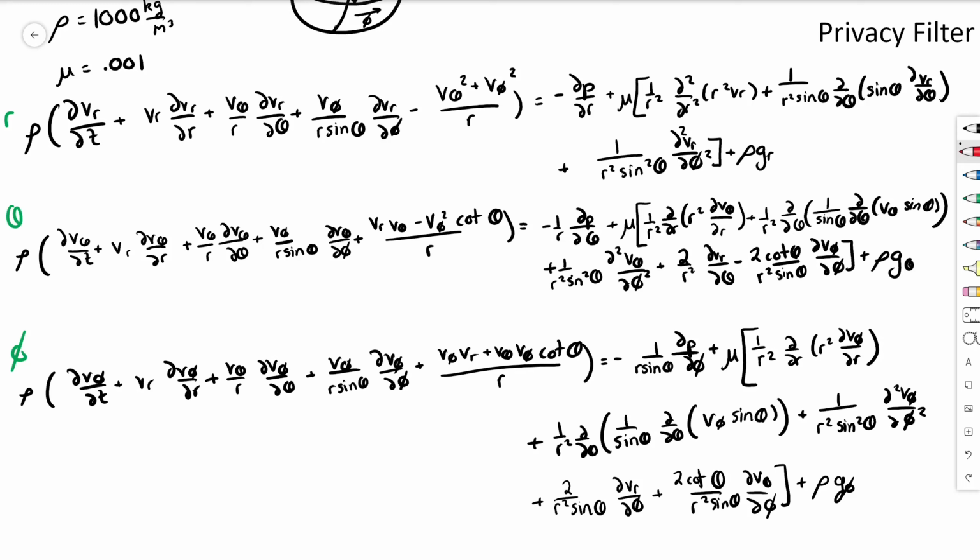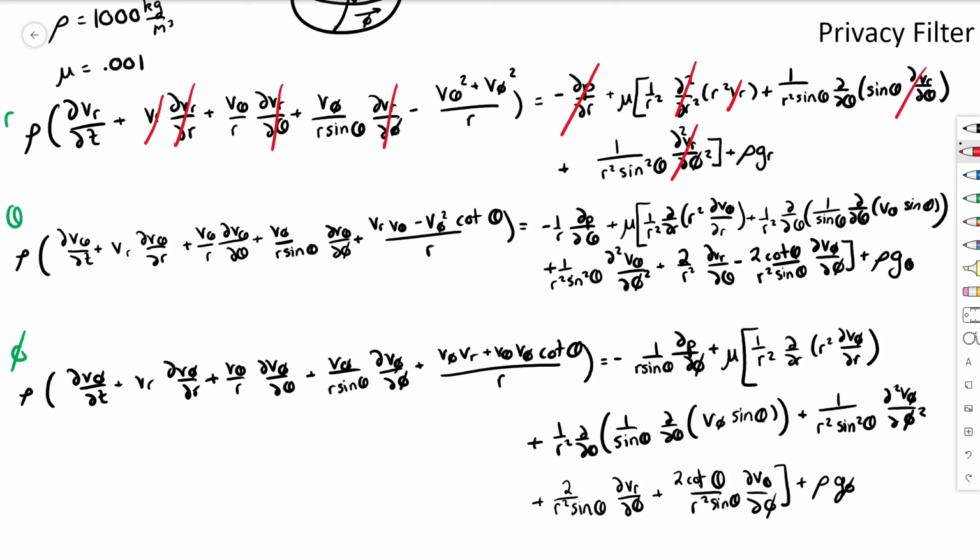So if we assume it's a very thin slice, we cross everything that's V_r or d/dr out, crossing out that pressure term just because if it's very radially thin, there will be hardly any pressure anyway. I want to point out that even making this assumption, this term up here does not simplify to 0, right? So there will be effects on the radius from the theta and phi directions alone.